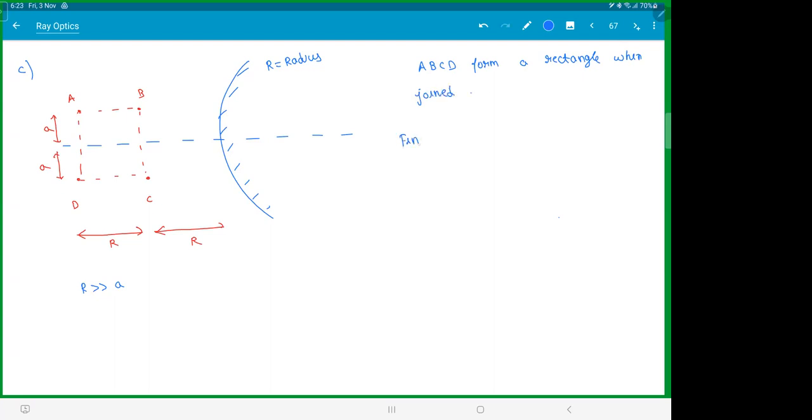Find the area of the quadrilateral formed by the images of ABCD. So these 4 points will create 4 images, and if you join all those 4 points, you get a quadrilateral. What is the area of that quadrilateral?